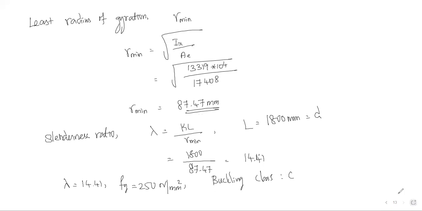So among all these values, by considering from Table 8C of IS 456, we are going to calculate the value of fcd. So the fcd value becomes 225.67 Newton per mm square.